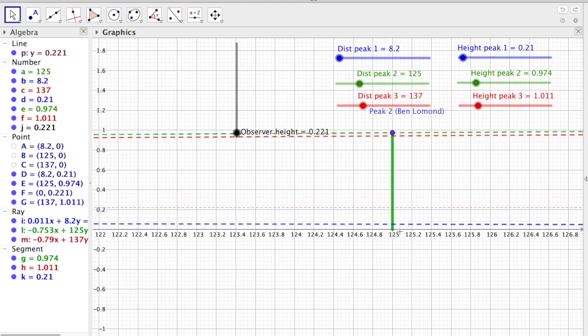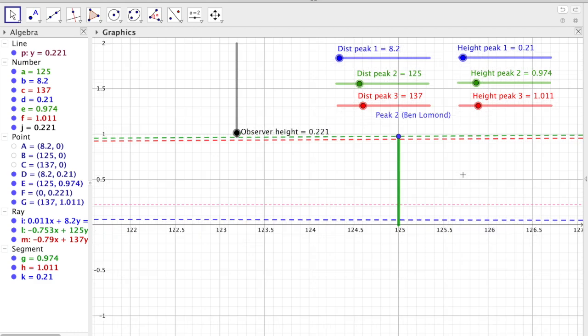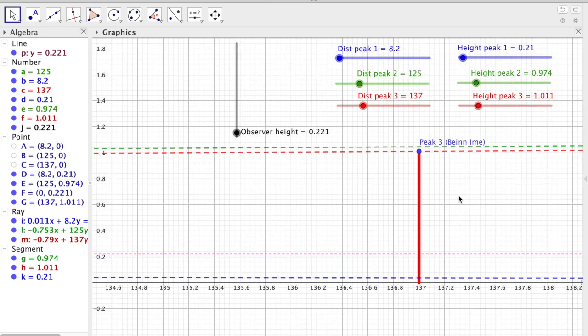And here we see total failure, if you will, on the flat Earth model. The line of sight to the monument is down here, and the top of the second mountain, Ben Lomond, the difference is huge. And the same for the third mountain.